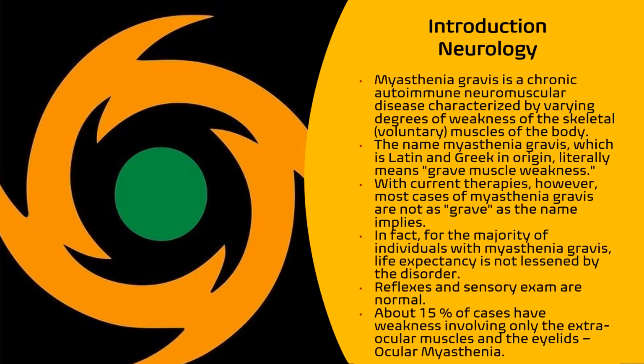In fact, for the majority of individuals with myasthenia gravis, at least in context of the literature, life expectancy is not lessened per se by the disease or the disorder.